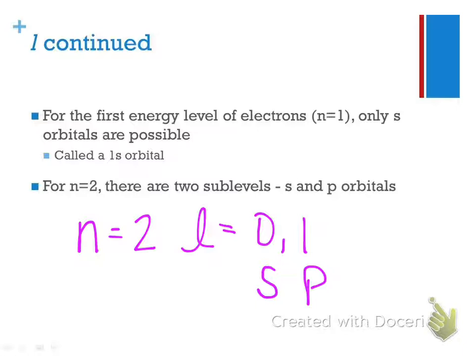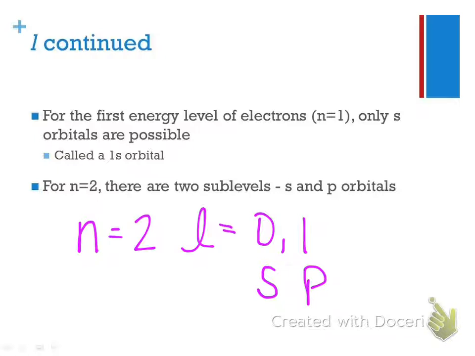And isn't that true on our periodic table? In our second energy level, we only have S block and P block, right? So that makes sense, does it? Maybe? L is 0 or 1, so that means we can have either S orbitals or P orbitals for the second energy level.